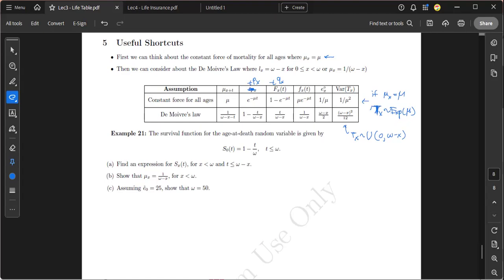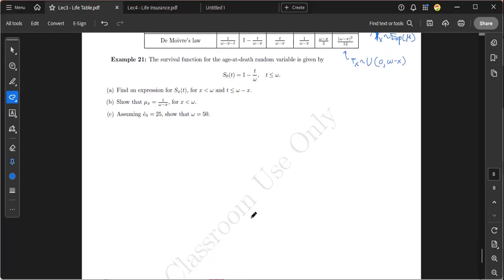So let's quickly go through this example again, and then we can start our next topic, or the chapter, life insurance. In here also we are given a survival function, but it's not that complicated, though it has some similar formation to the previous example.